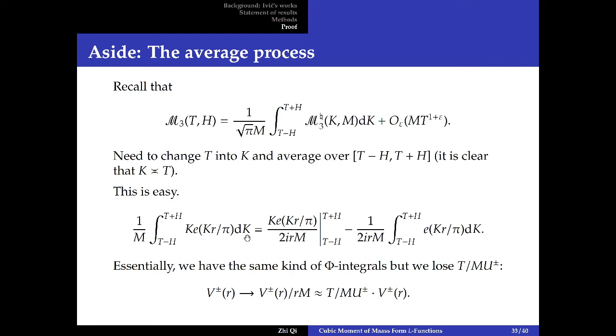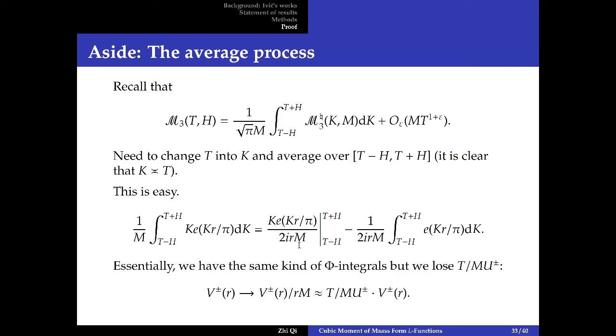And you can just do integration by parts. Let's only consider these two terms, and the remainder will be similar. In the numerator, it's again K times EKR over pi, so this is not really changing. The only thing that's changing is that we need to divide by R times M. And R, like I said, has a support.